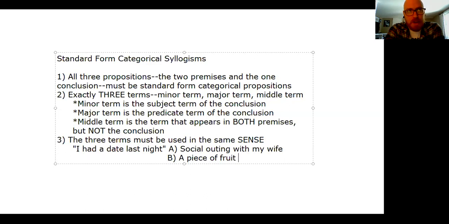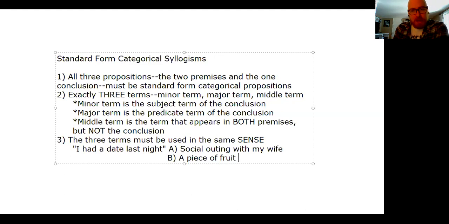If I use the word date to mean social outing in one premise, then I shouldn't switch the meaning to a piece of fruit in another premise. So when we say that the terms have to be used in the same sense, we're saying that what the term means in one premise can't change in the course of a different premise.